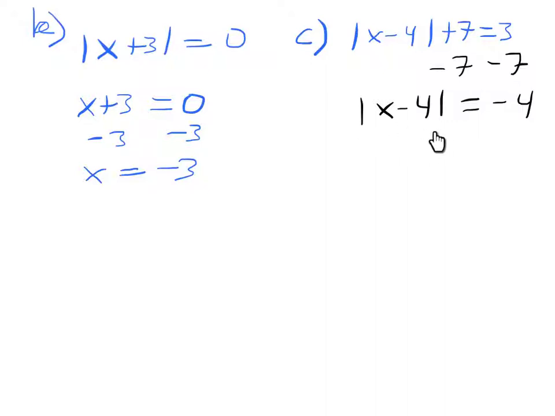This is an absolute value. And what do absolute values do to a problem? They always make it positive. So will your absolute value ever equal a negative number? No. And so this is no solution. As soon as you have an absolute value all by itself equal to a negative number, you have to stop and say, this has no solution, I can't continue on.